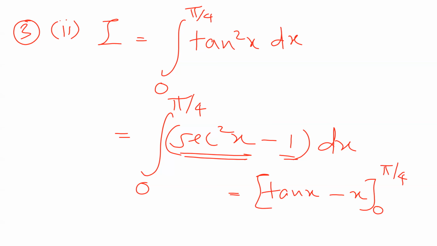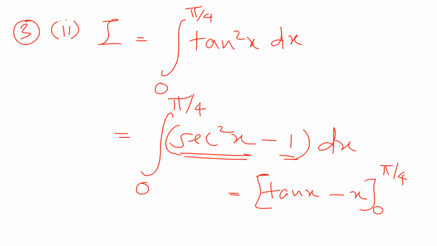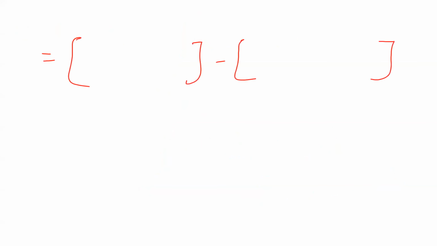After this step, what are we supposed to do? Correct, box minus box. So I'll do box minus box after this. So tan pi by 4 minus pi by 4, and tan 0 minus 0.